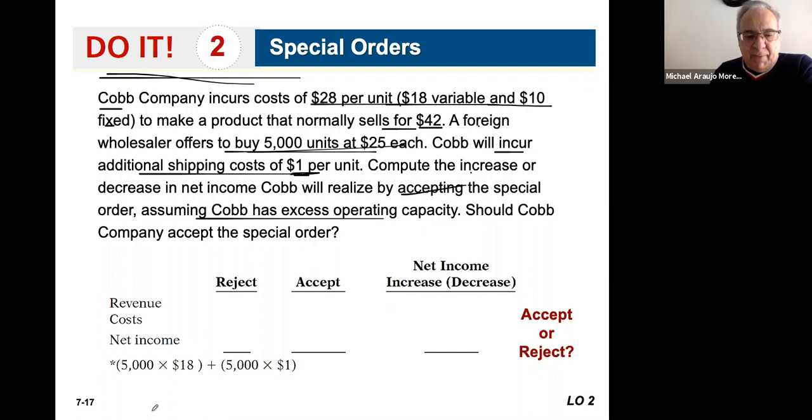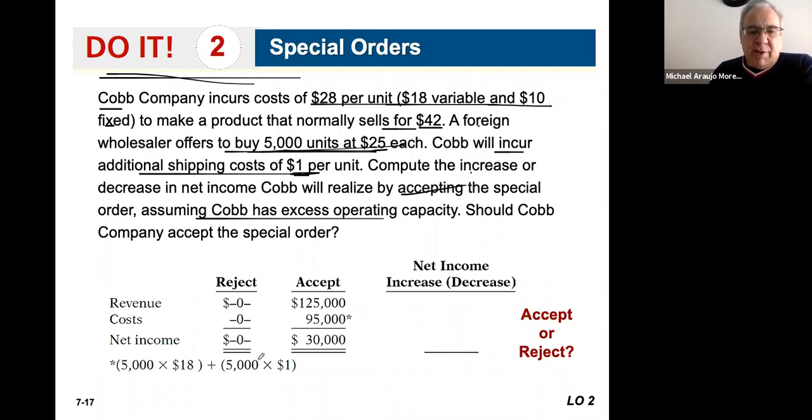So, of course, if they reject everything, it's zero. No revenues, no additional costs, no additional profit. However, if they accept the offer, 5,000 units at $25 a piece would give them 125,000 in more revenue. Okay.